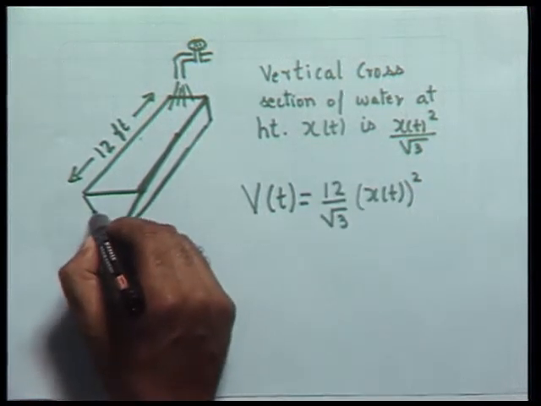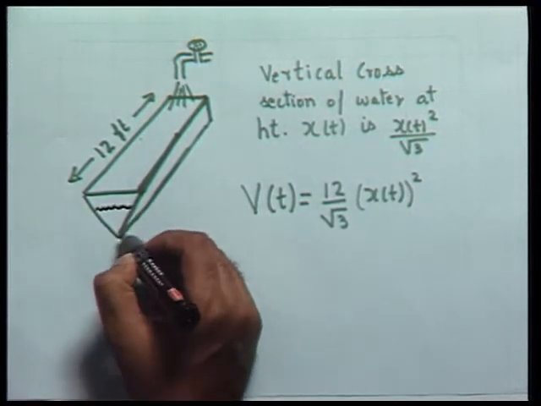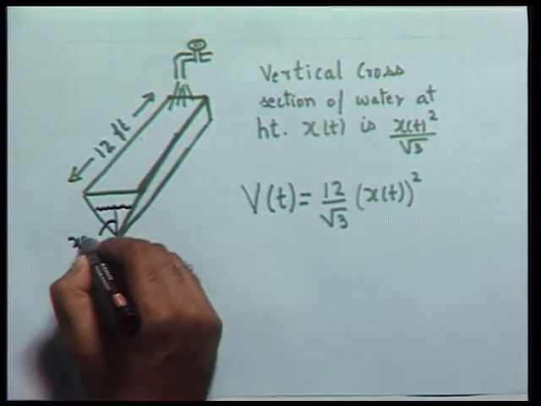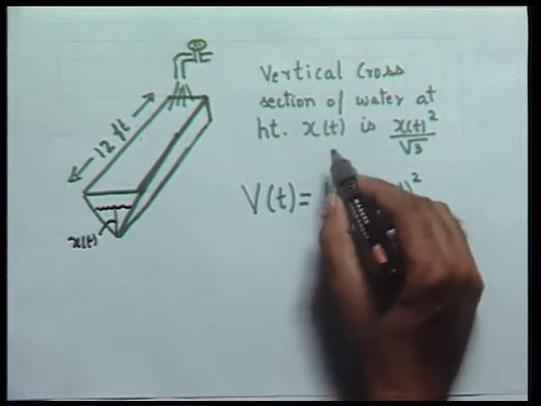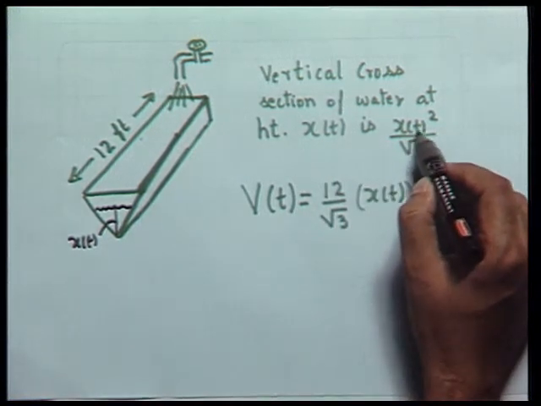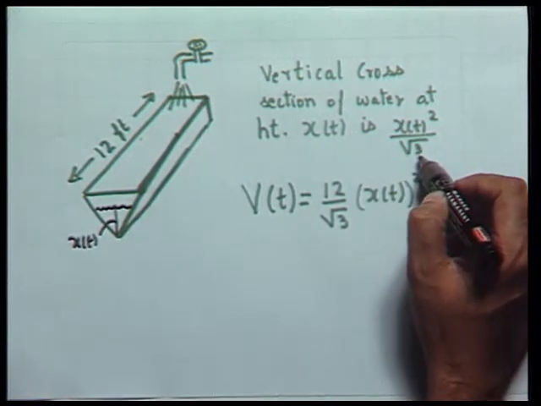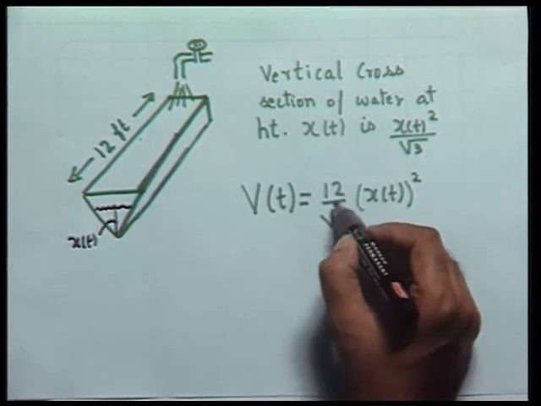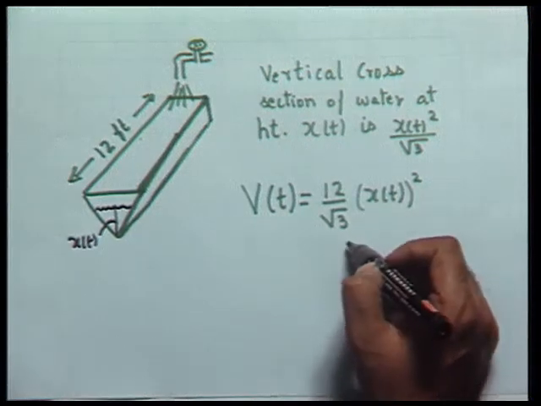So if I were to take a vertical cross section and this was the height of the water, so this height is x(t). Then the vertical cross section has area x(t) squared by root 3. So the volume is 12 times x(t) squared by root 3.